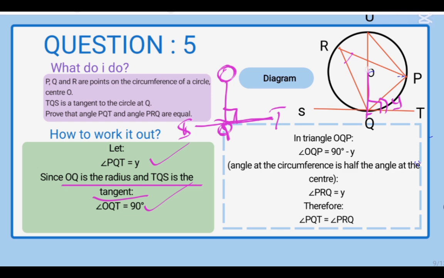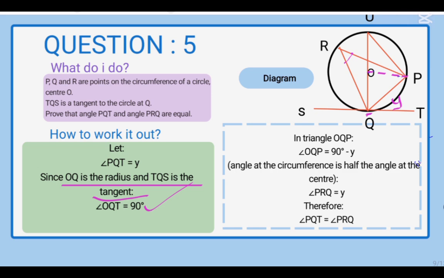So let me draw from the center here a radius to this point. I'm drawing that one for a particular reason. Let me draw this line and clean this one so we can see clearly.